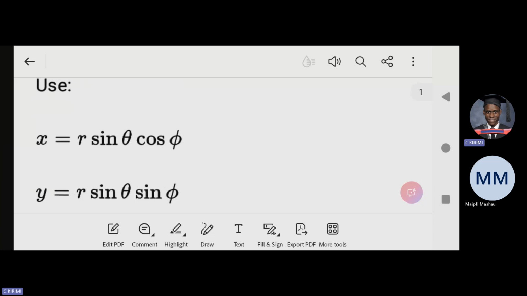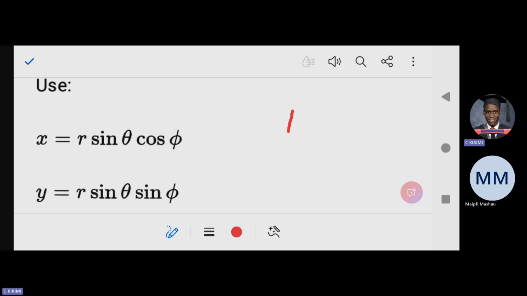So cos phi. The symbol which they are writing like this, they are referring to it as phi. And remember, it's different from psi. That is a function. The symbol which they used for phi is not the usual phi, so they used a symbol like this to represent phi.